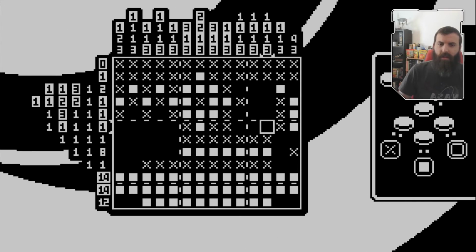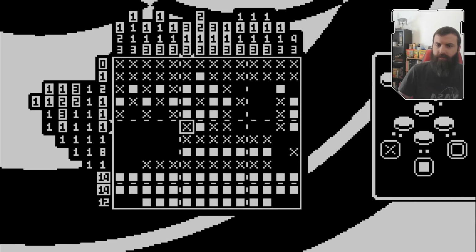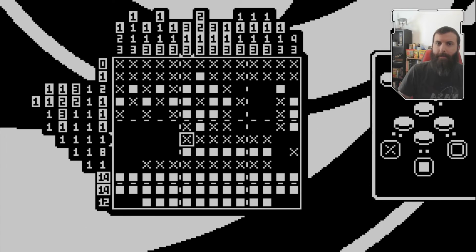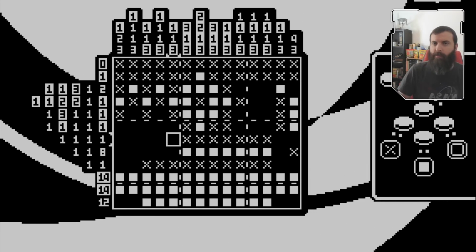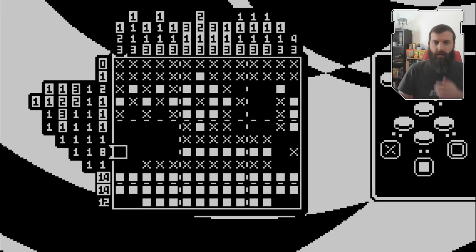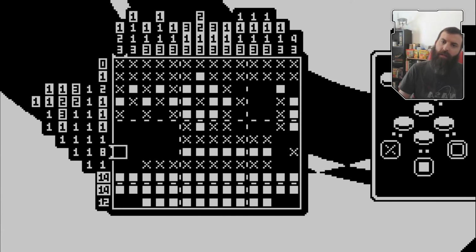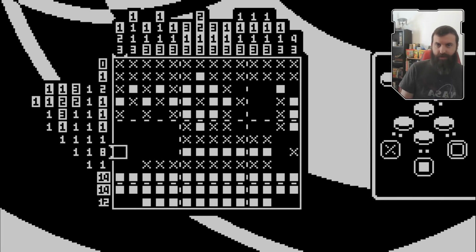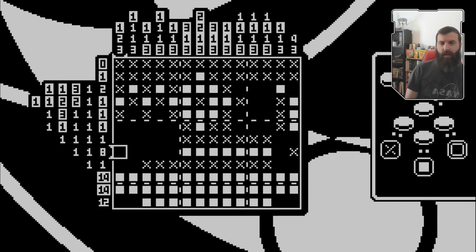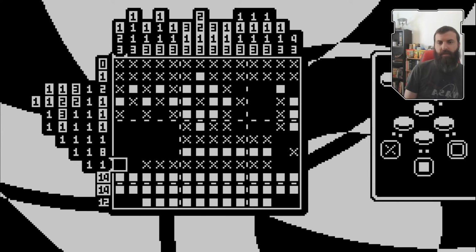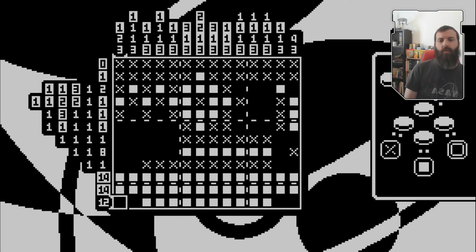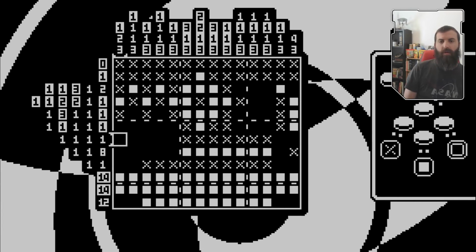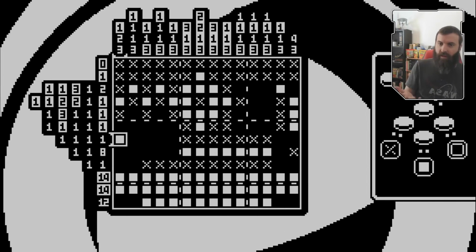Will it help us with any of those? Alright, let's look at this vertical 1, 2, 3 again. We've got our 1 handled, so we've got to have 1, 2, space, 1, 2, 3, or 1, 2, 3, space, 1, 2. So our 2 is definitely going to cover this.